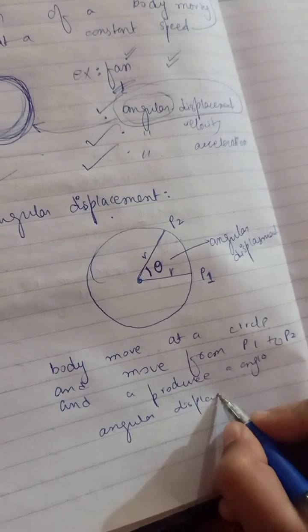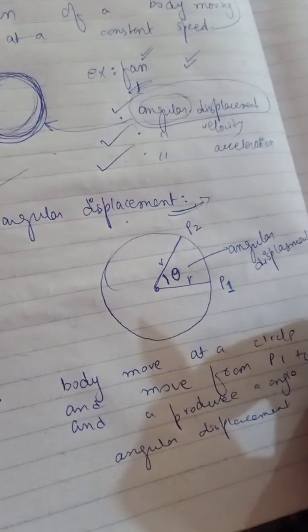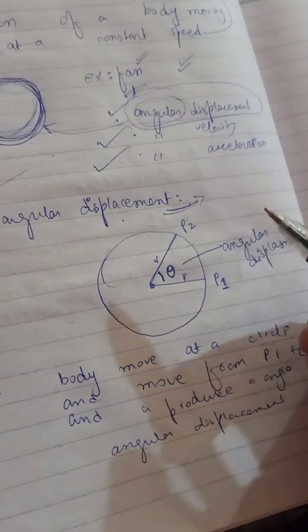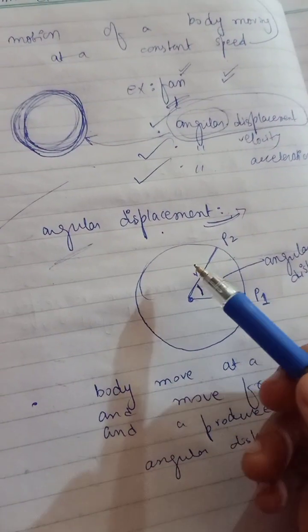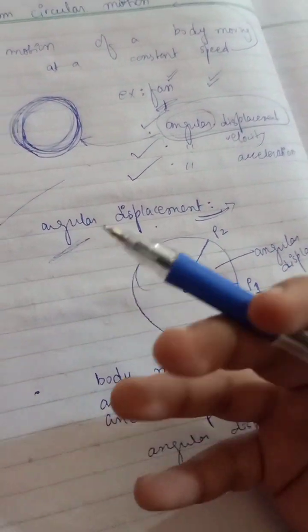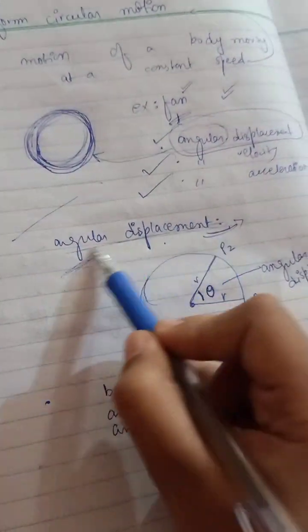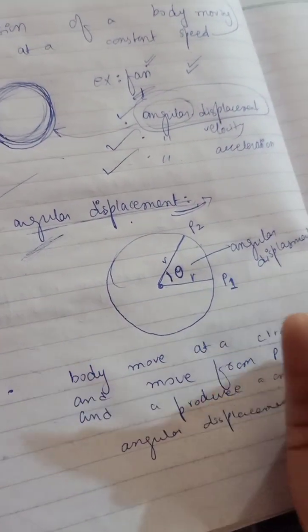As you all know, displacement is the shortest distance, and angular means a moving body making an angle. You can understand from the word itself what it means.